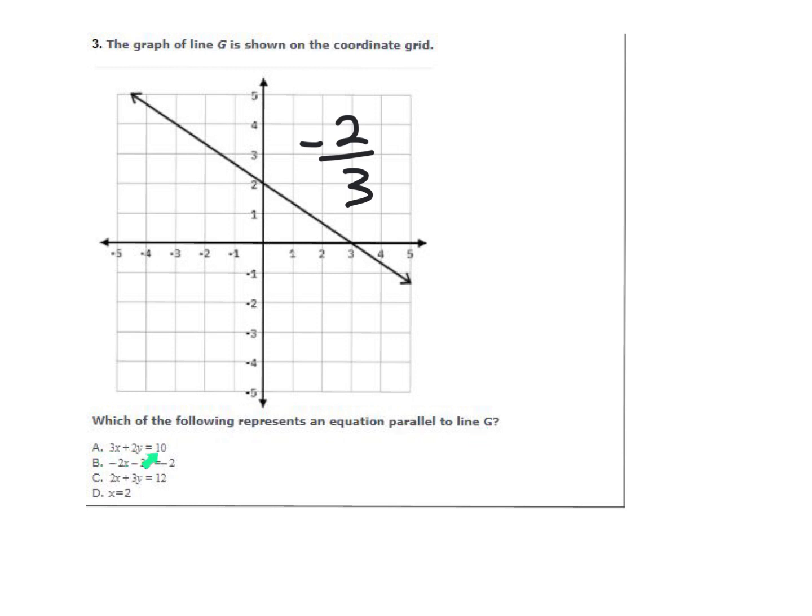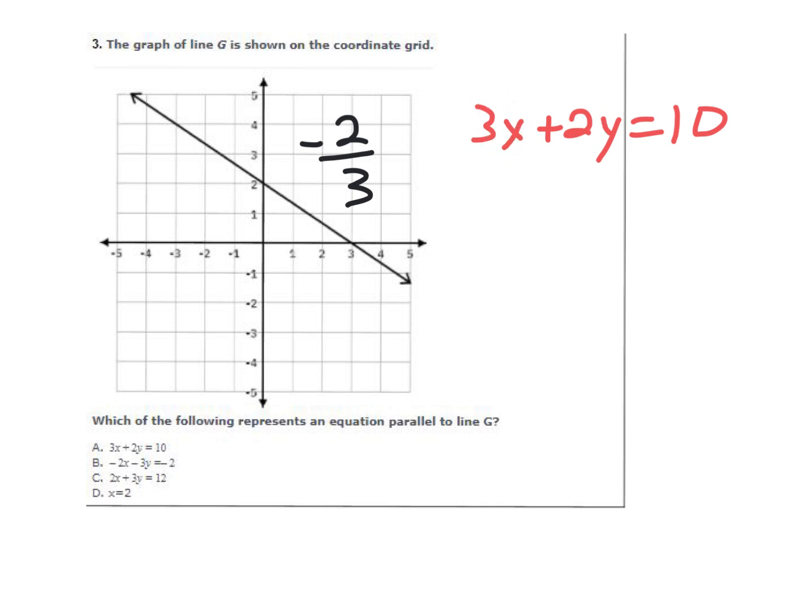Now, each one of these is in standard form, so let me remind you how to convert from standard form. Answer A is 3x plus 2y equals 10. If we were to solve this for y equals mx plus b, we're trying to solve for y, so we're going to have to remove 3x from this side to get y by itself.